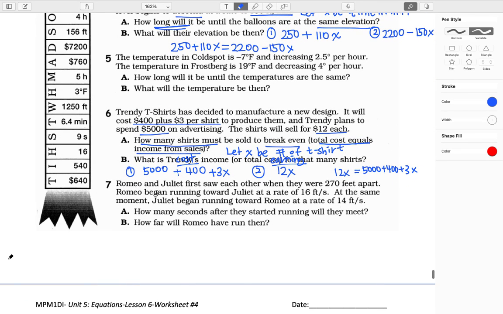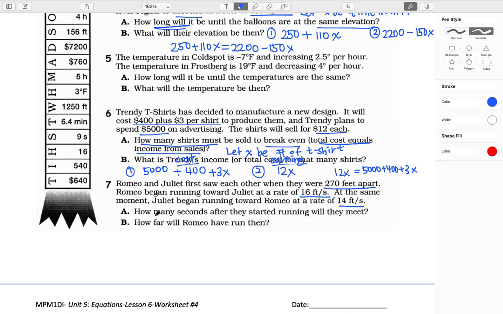And now, lastly, number 7. So Romeo and Juliet first saw each other when they were 270 feet apart. Romeo began running towards Juliet at a rate of 16 feet per second. At the same moment, Juliet began running towards Romeo at a rate of 14 feet per second.